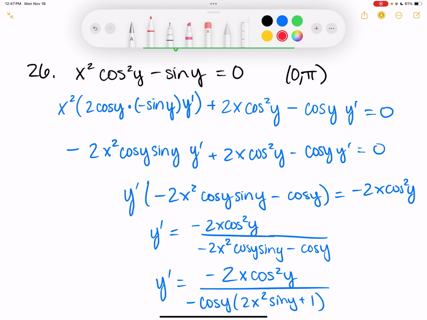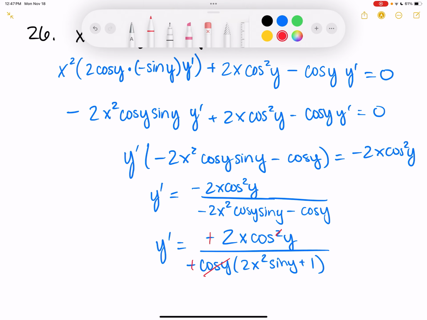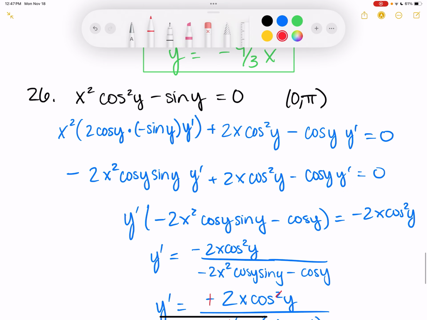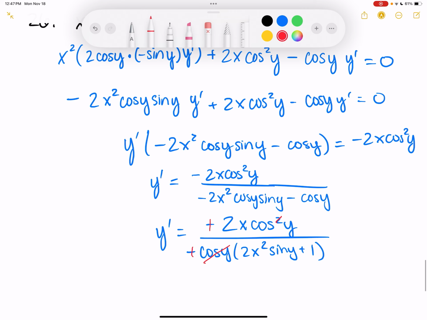Then negatives cancel, cosine cancels, so I just have a cosine y on the top. Now I can plug in 0 and pi. So pi for y, 0 for x.